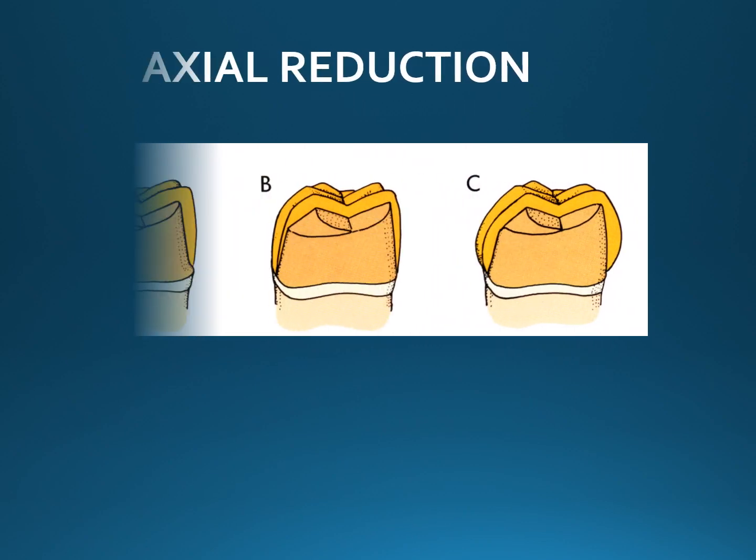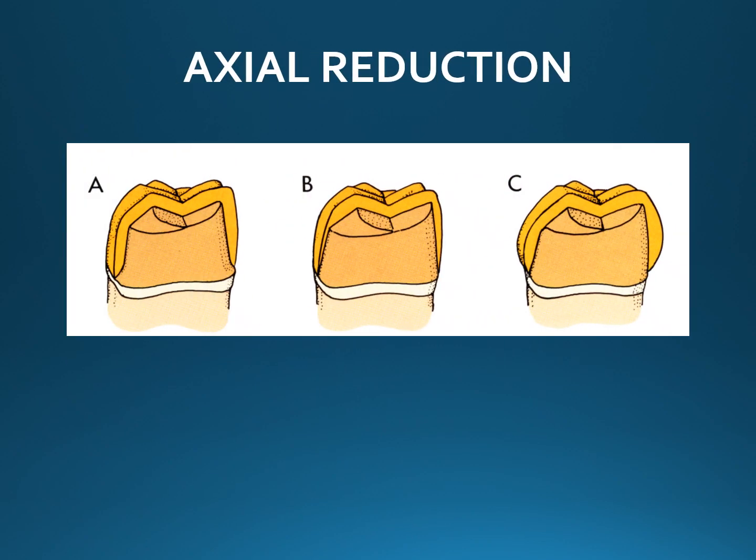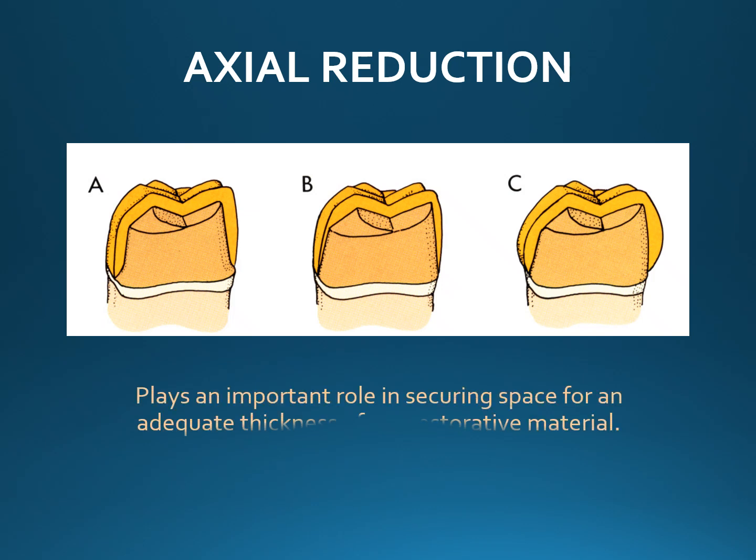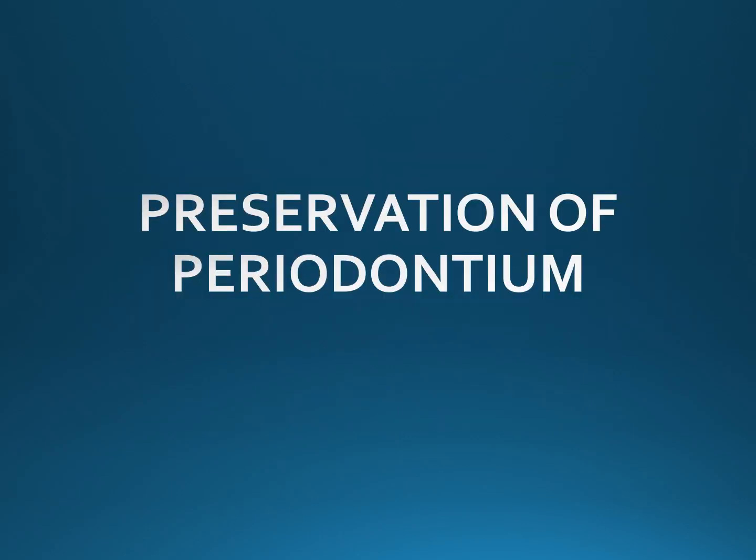The axial reduction refers to the preparation of the axial surfaces, or the long axis of the tooth. This also depends on the type of restoration. For example, metal restorations will require lesser axial reduction compared to metal ceramic or all ceramic restorations. This plays an important role in securing space for adequate thickness of the restorative material.